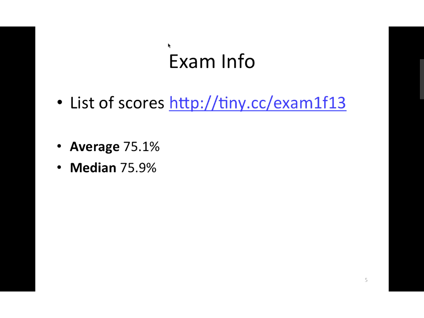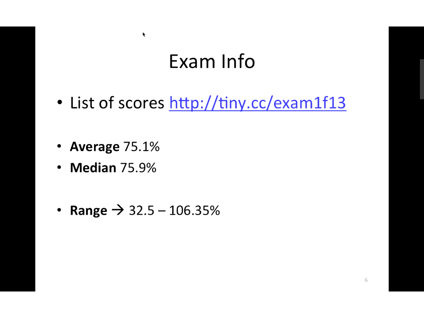The average on the exam was 75%, and the median was 75%, almost 76%. So right smack in the middle there. The scores ranged from a low of 32.5% up to 106.35%.